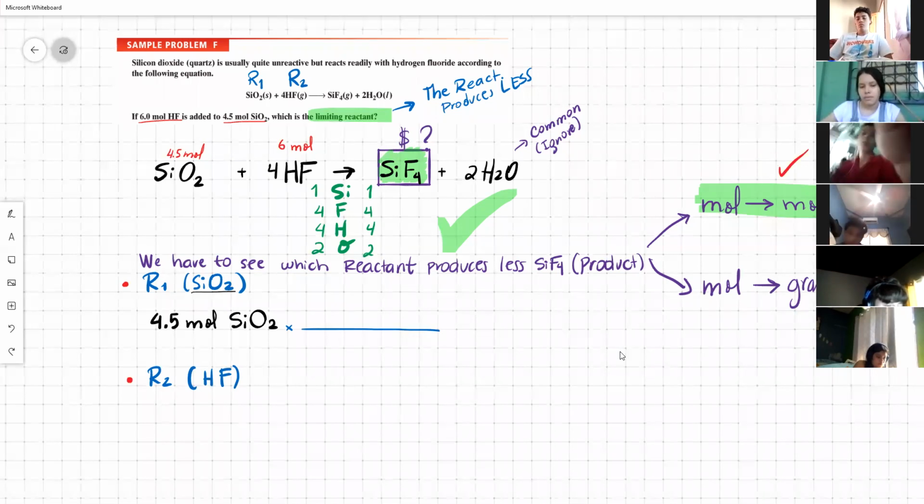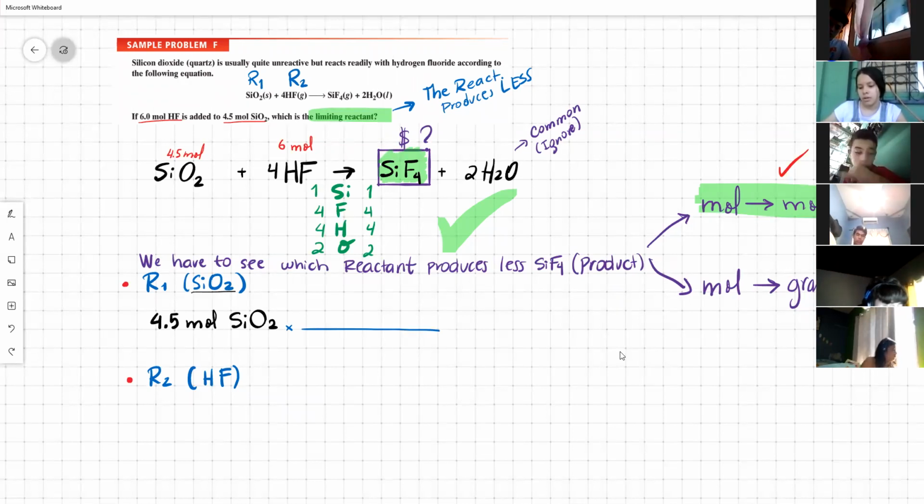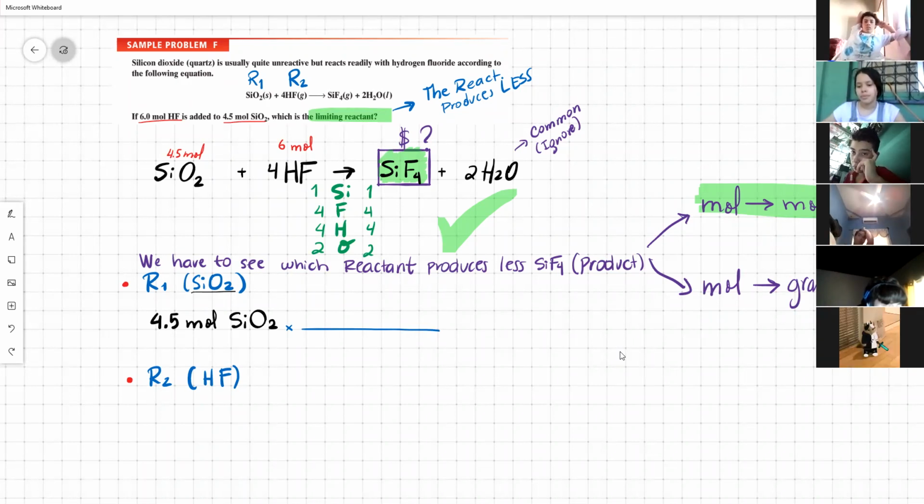If the problem asks what is the amount of product that I can get, and specifies that it wants the amount in grams, then yes, you have to do the conversion in grams. When it's not specified, go simpler. Go to moles. If you have more moles, it means that you have more mass.